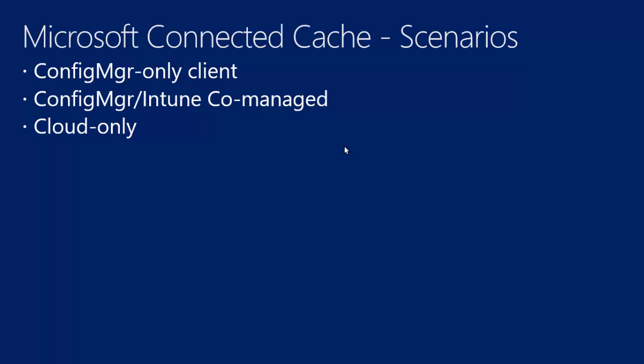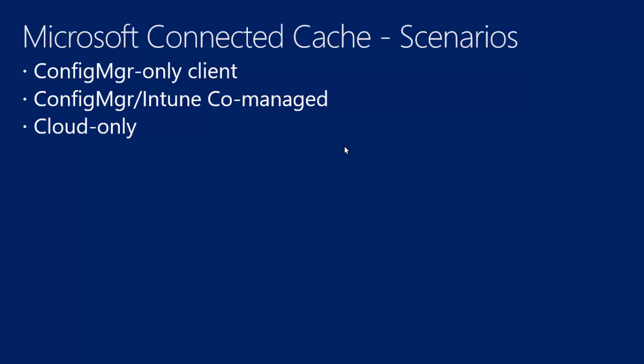There's absolutely no limitation that the content you can use with the Microsoft Connected Cache server implemented through ConfigMgr be purely ConfigMgr content. In fact, we call it out right in our documentation.